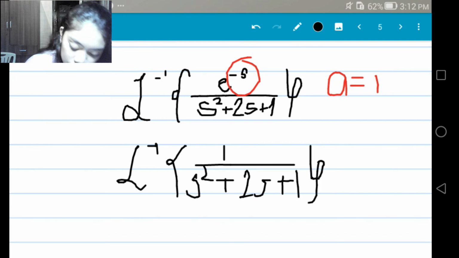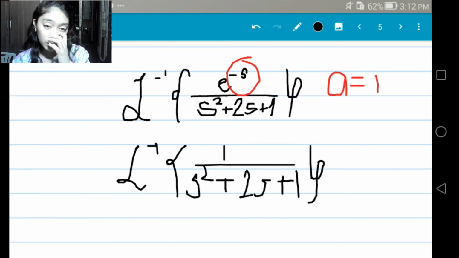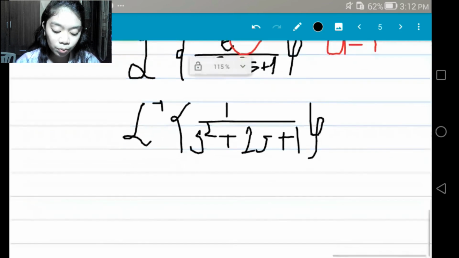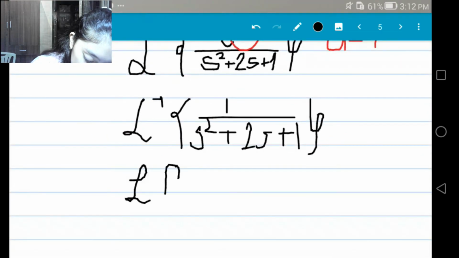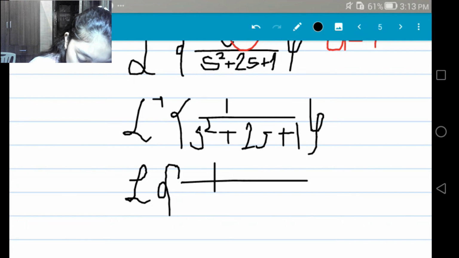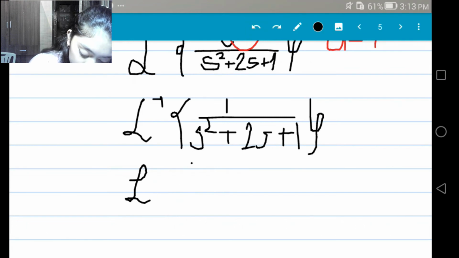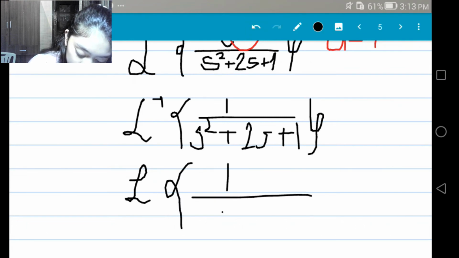As you can see, this s squared plus 2s plus 1 doesn't have a direct formula for its inverse Laplace. So we need to manipulate it first. So manipulating, we will get Laplace inverse of 1 all over s plus 1 squared.